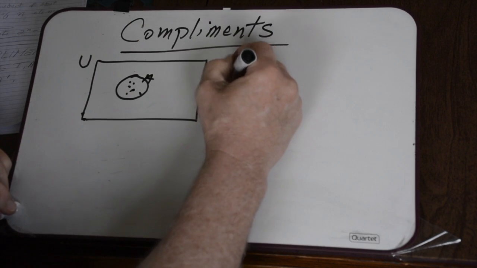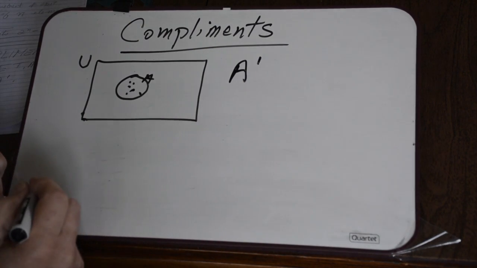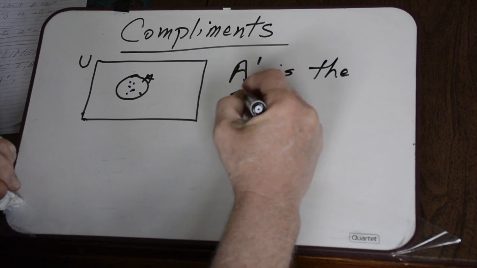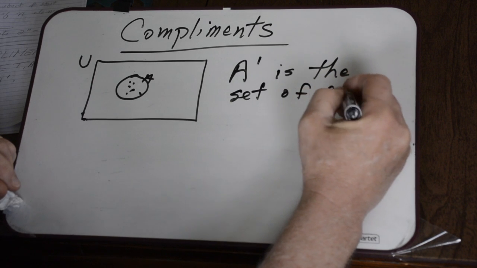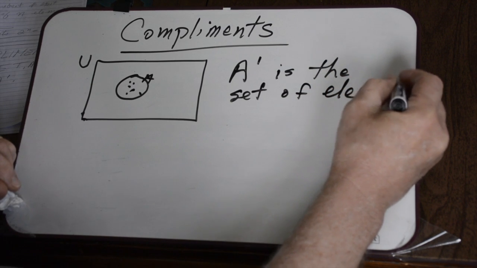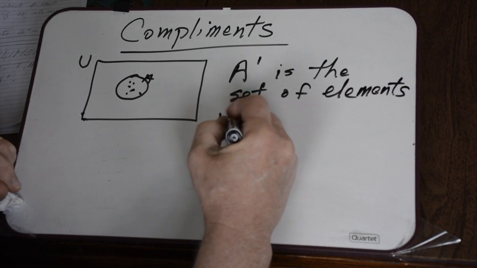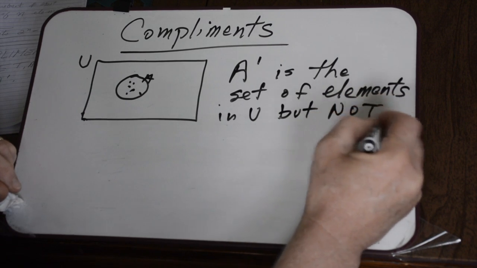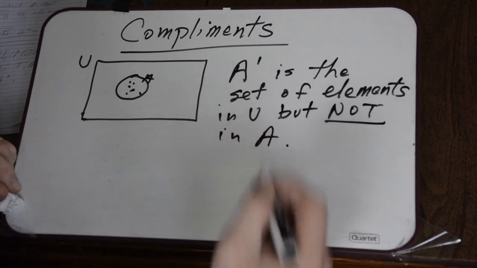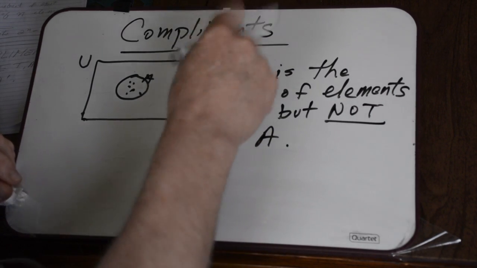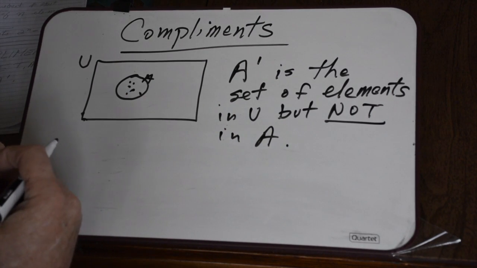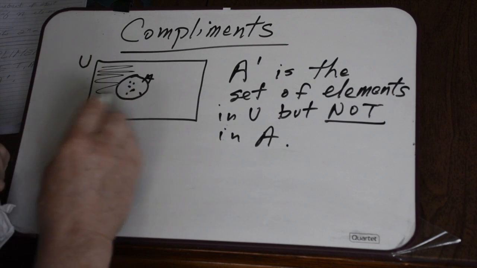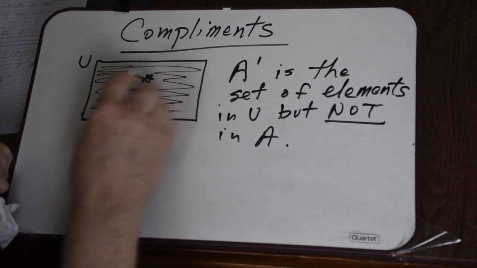The complement of A, written like this, is the set of elements, or we said members, in U but not in A. So A complement means not A. If I was to shade the not A area, all of this out here would be the not A area.